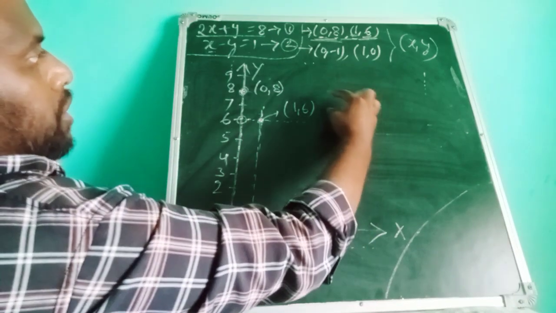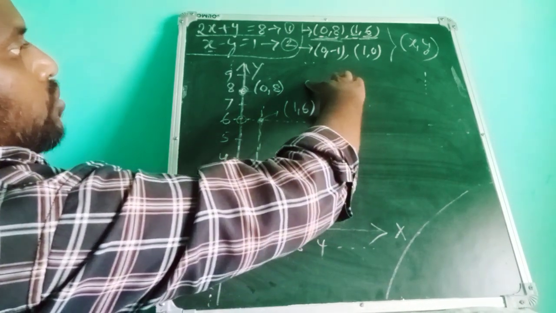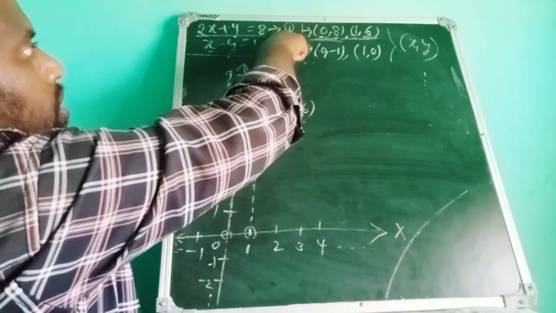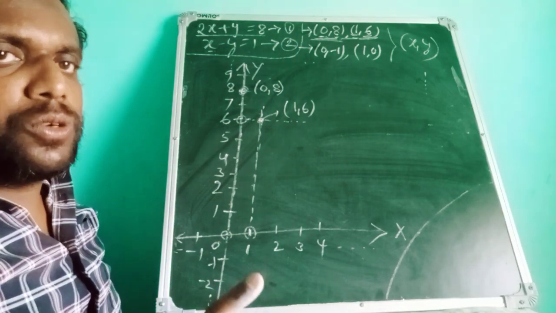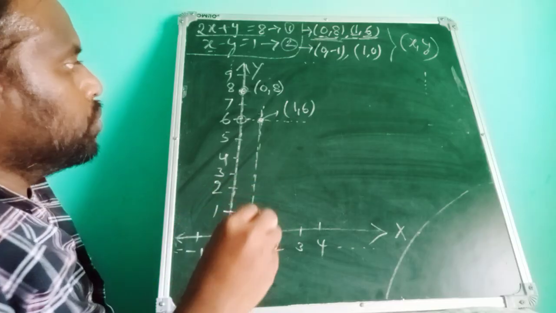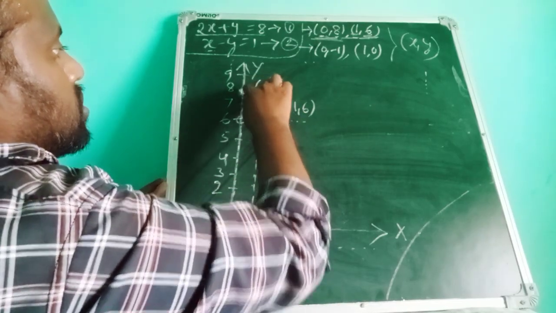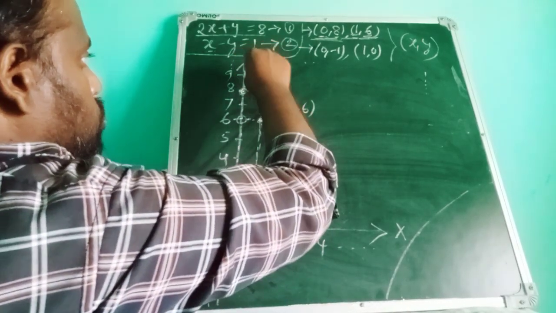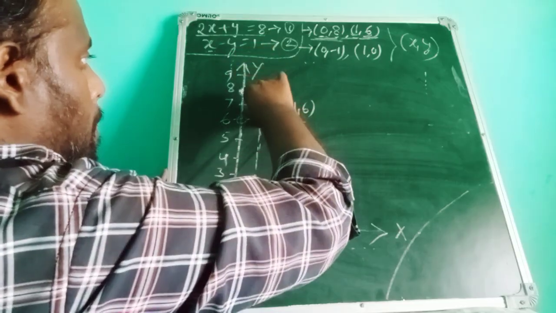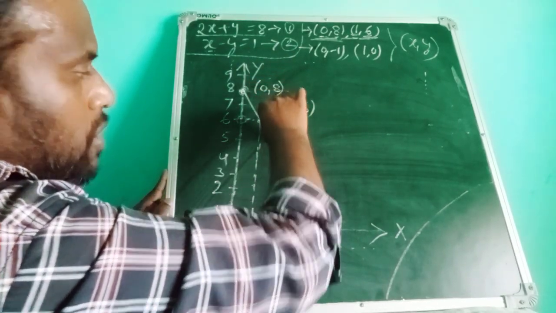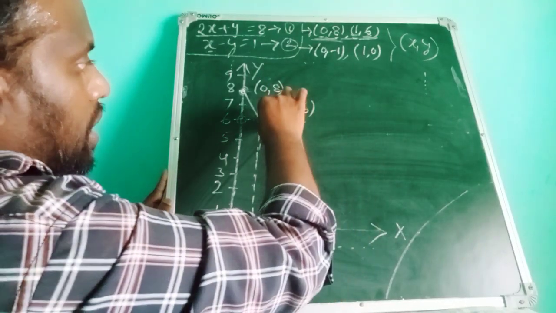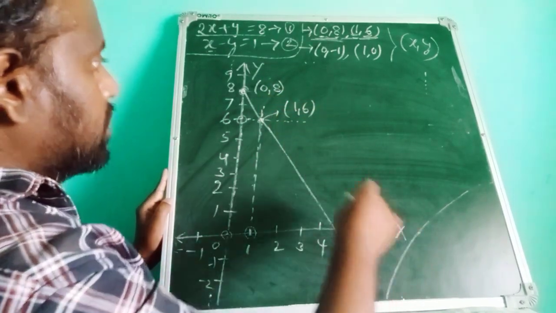Now we have plotted 2 points, for which equation? Equation 1. In the beginning I told you 2 points are enough to draw the line. Now just join these 2 points, this and this. First join like this. After that, extend the line using the scale, like this.